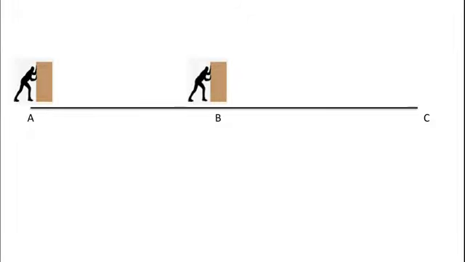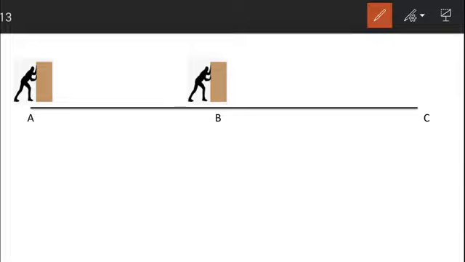Let us assume he displaces the block from A to B and does 100 joule of work. How much work? 100 joule of work only in 5 seconds.